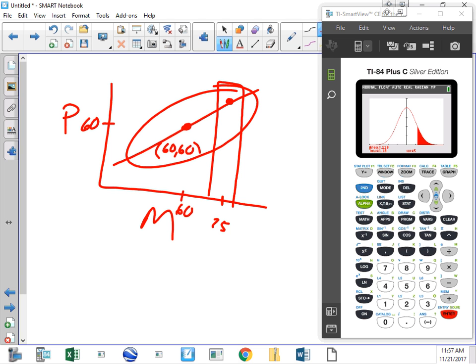Was the regression method used to predict the 2006 price from the 2005 price? Yes or no? So it's asking, was the regression method used to predict the prices? And you would say no. Why not?